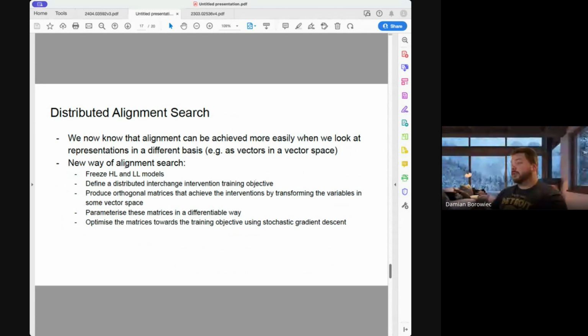So the new way would be to freeze both models, and then we define some sort of training objective for the interchange intervention. We'd produce some orthogonal matrices. We would then parameterize them in a differentiable way, and then we would simply use stochastic gradient descent to optimize towards that training objective for the interventions.